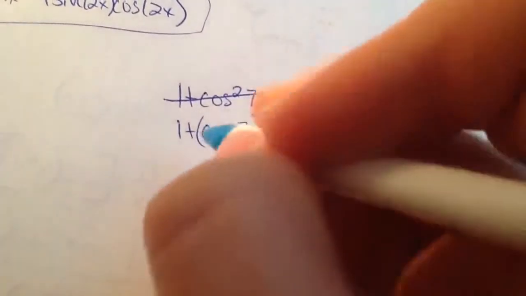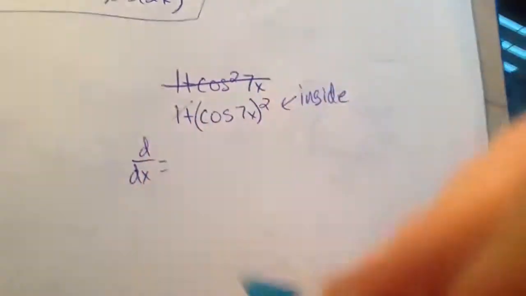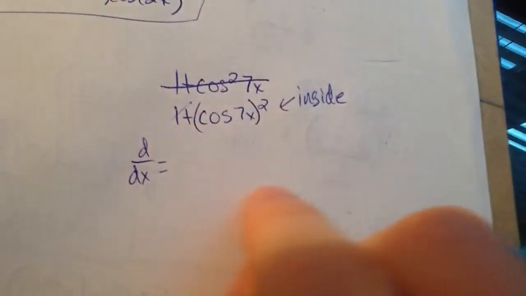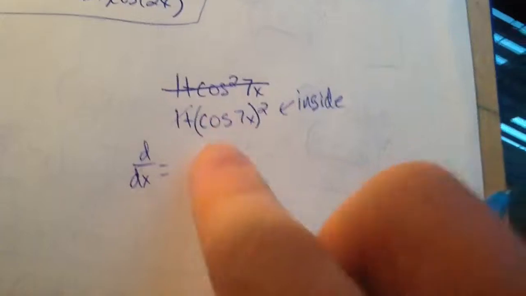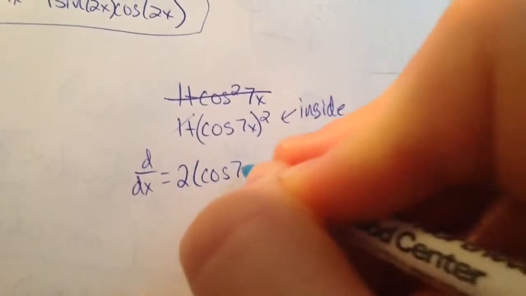Okay, so let's do the derivative of this thing. We'll just say derivative with respect to x of this thing. Well, 1, that's just going to go away. So here we go. Derivative of the outside of this thing. I'm going to have to drop the 2 down, times the cosine of 7x.